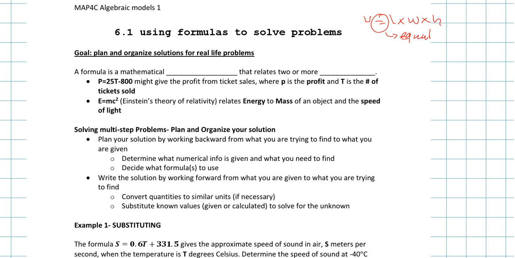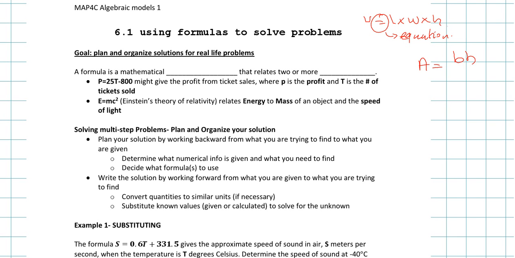Okay? And then what I have is different variables that relate to each other somehow. In this case, they relate to each other by multiplying the length, the width, and the height to get the volume. If I have another formula, let's say B times H divided by 2, that's the area of a triangle, right?